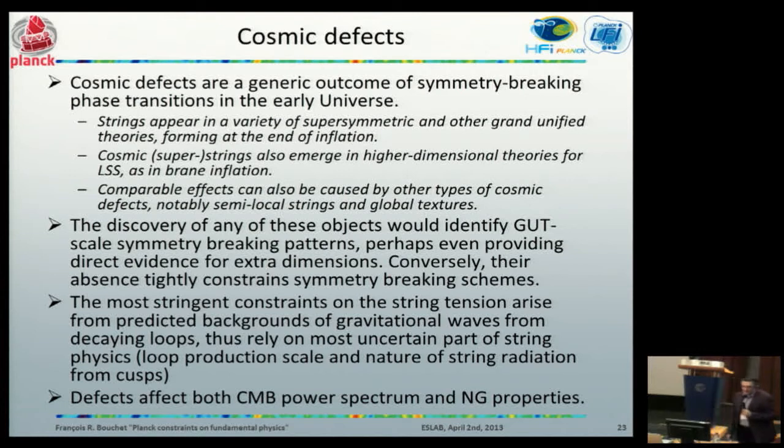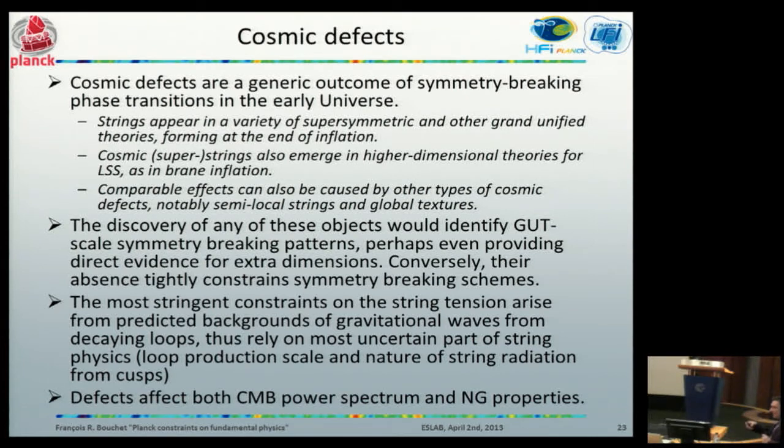Now, another hypothesis that we want to check is the presence of cosmic defects, which are a pretty generic outcome of symmetry breaking, I mean, transitions associated to symmetry breaking in the early universe. And of course, in the 80s, this was proposed as an alternative to inflation to generate initial conditions for structure formation.